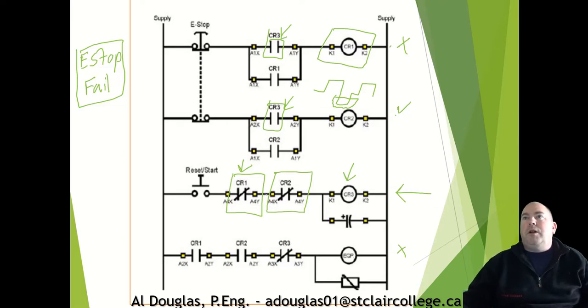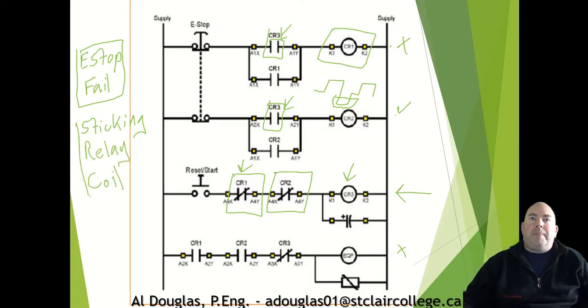Alright, so we're actually monitoring to make sure that we are always able to transition these relays. So that is covering us against sticking relay coil. So the dual coils with the monitoring prevents that.